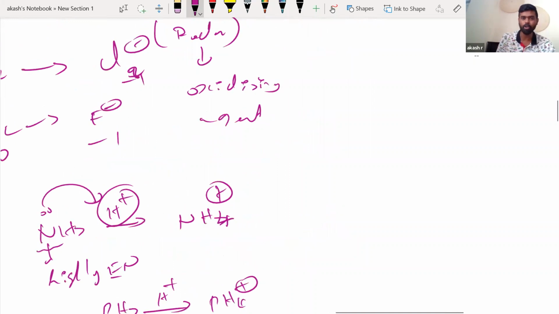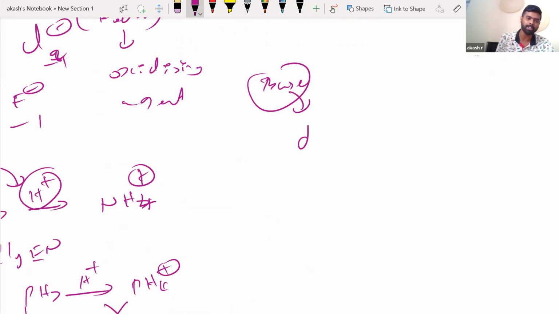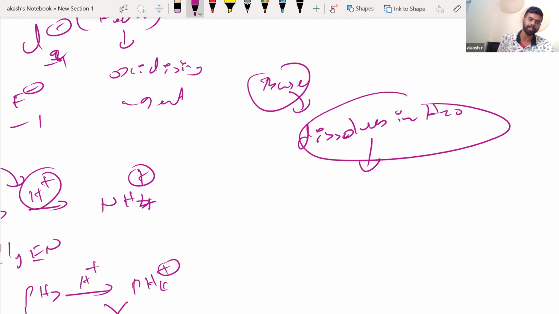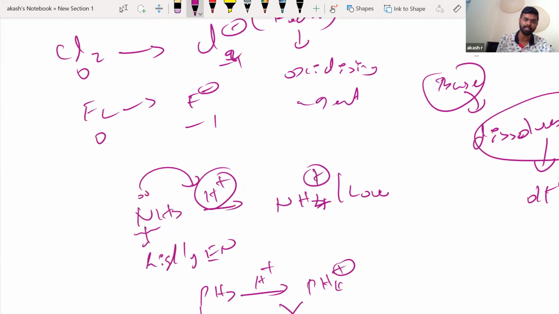Generally, how do I define a base? Something which dissolves in water. Once it dissolves in water, it should give me OH minus ions. Then only I will call it a base. But what we took here is the Lowry-Bronsted theory: anything which accepts H plus is called a base.